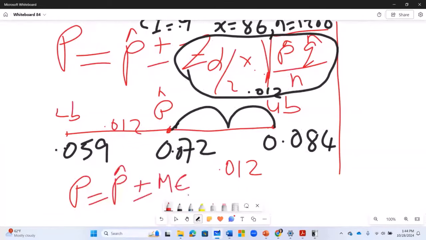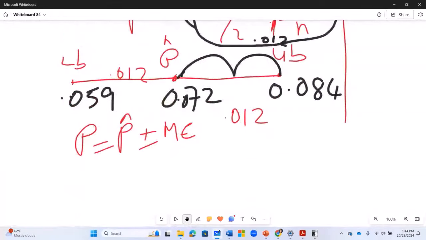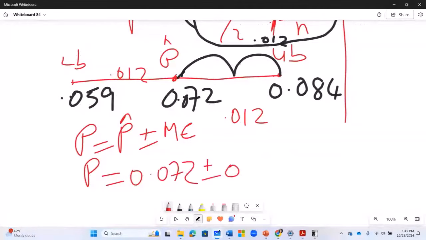I don't really have to write it this way unless I'm told to. Otherwise, I go straight to the question. So the estimate of the population proportion is the sample proportion I found, 0.072, plus or minus the margin of error I calculated.